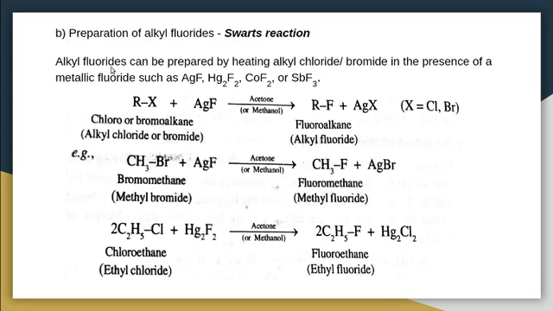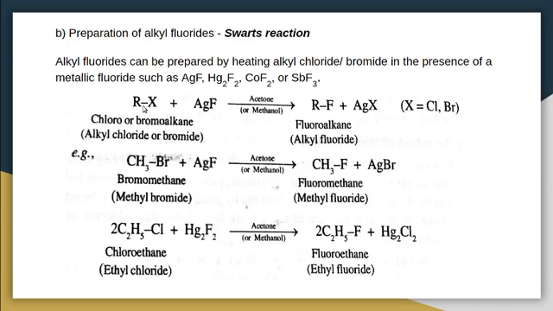Alkyl fluorides can be prepared by heating alkyl chloride or bromide in the presence of a metallic fluoride such as silver fluoride, mercurous fluoride, cobalt fluoride, or antimony fluoride, SbF3. So by treating an alkyl chloride or bromide with a metallic fluoride, we can prepare alkyl fluorides.